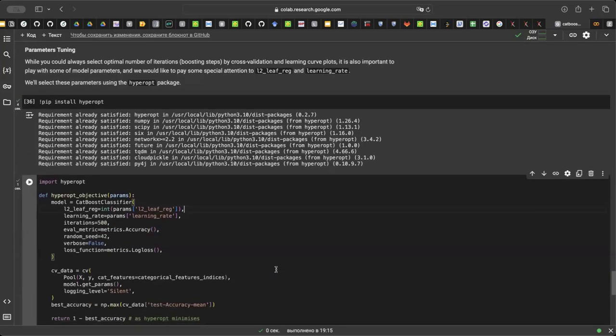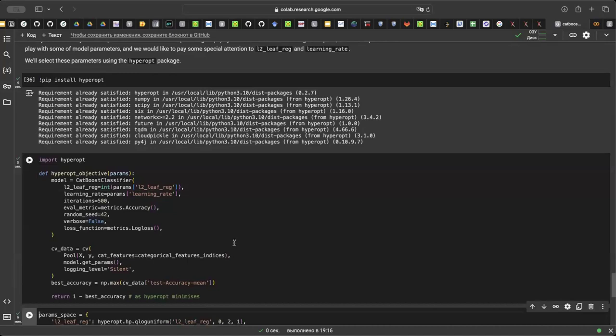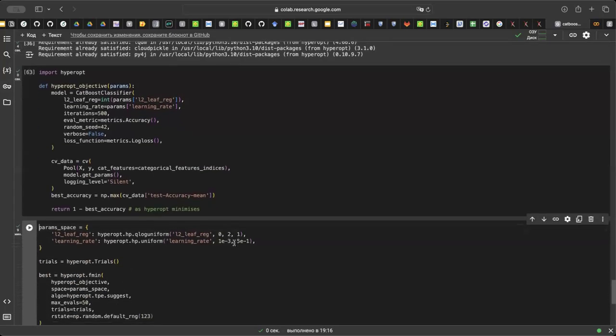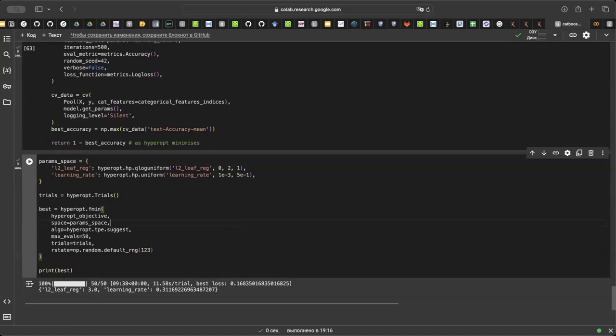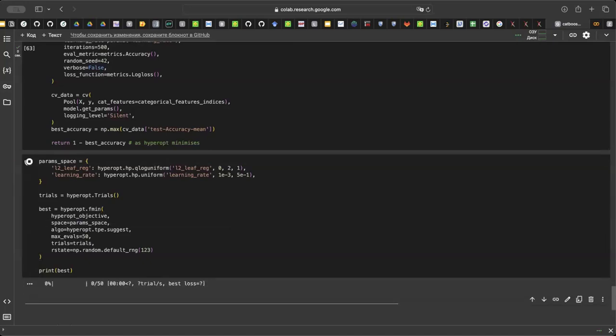So we will take a look at how it works, and it works without any additional effort. Just take a look at the docs, and you will probably understand how to start hyperparameter tuning without any difficulties.